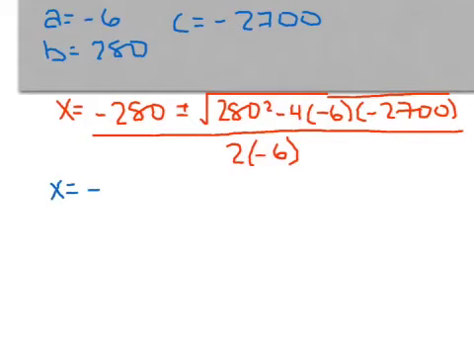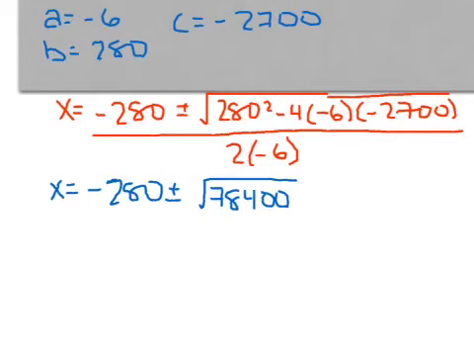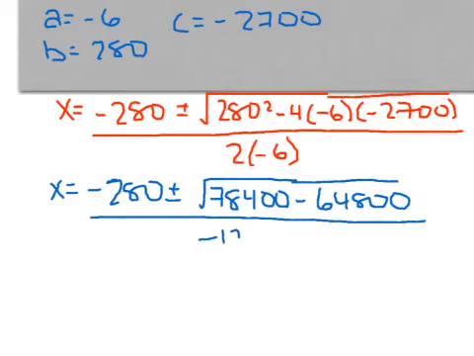So, negative 280 plus or minus the square root of 280 squared, which is going to give me 78,400. And then I'm going to do 4 times negative 6 times negative 2,700, all over negative 12.